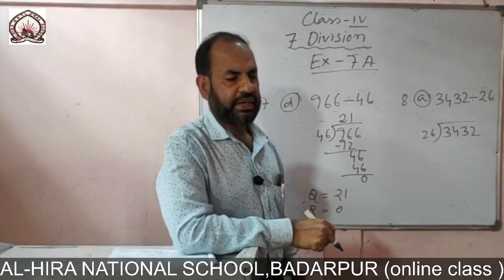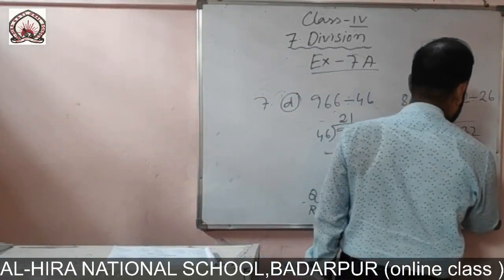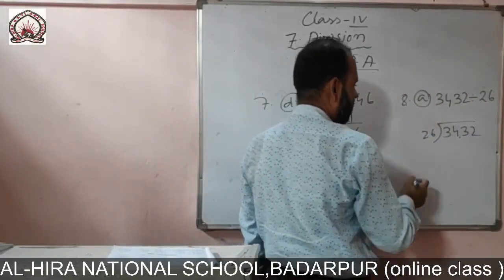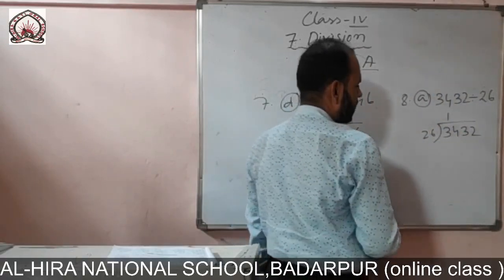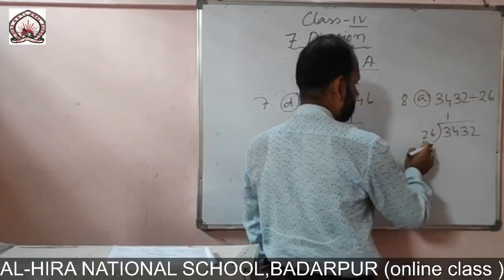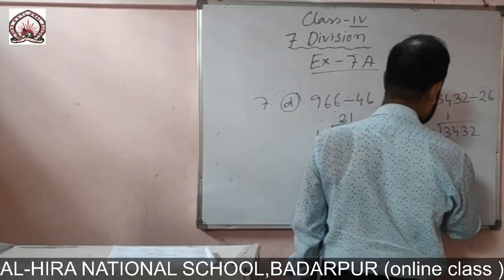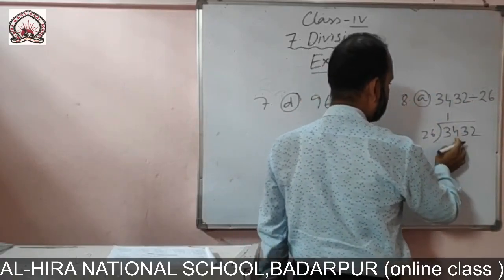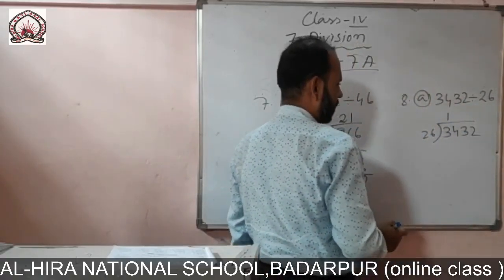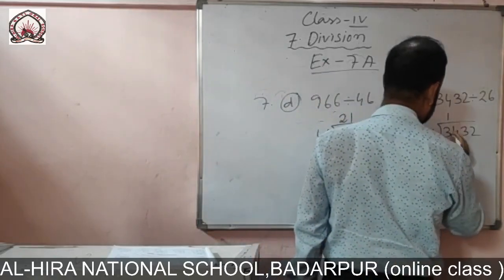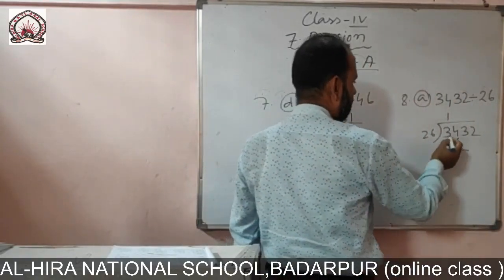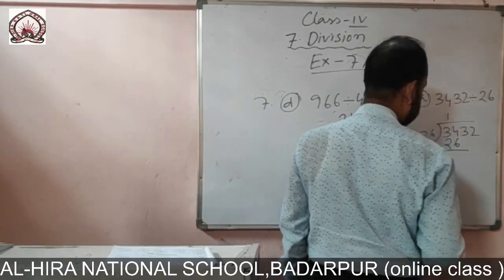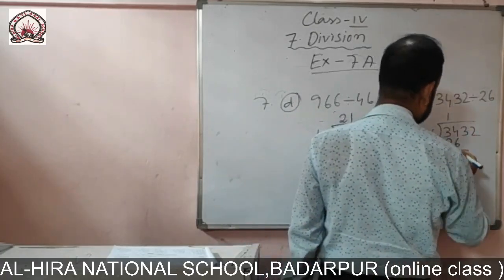So we know 26 1 jar in 34. 26 2 times cannot go because it will be more than 34. So 26 1 jar 26. 4 minus 6 cannot, we borrow 1, then there is 14. 14 minus 6 equal to 8.